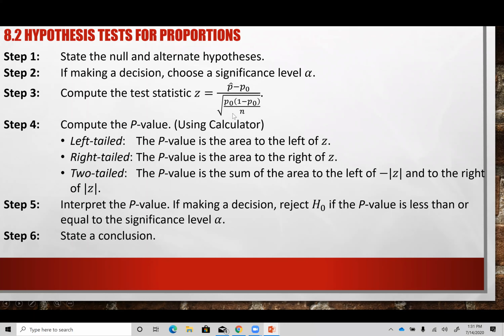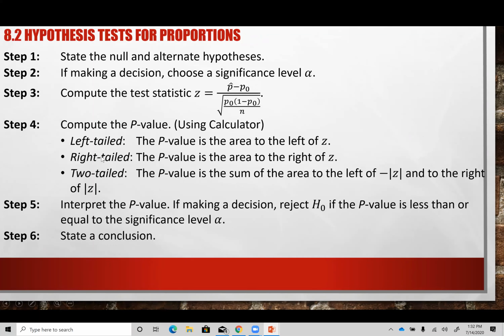Once we have this, compute the p-value. Most of the time, or always, you will use your calculator to find this p-value. Then interpret your p-value or your critical value and make the decision, and then state your conclusion. These 6 steps are the same all throughout chapter 8 except 8.1, where we only have step 1 and step 6, which is state and then conclusion.